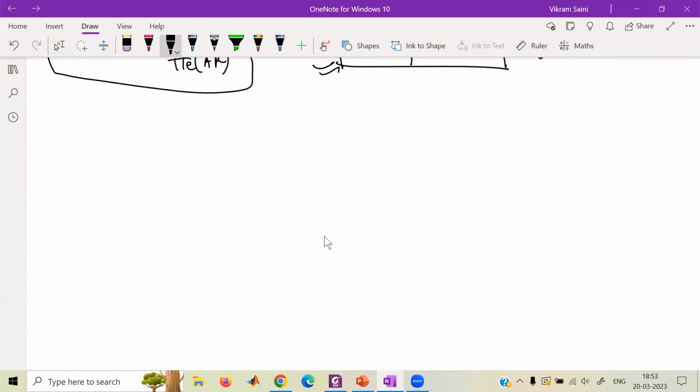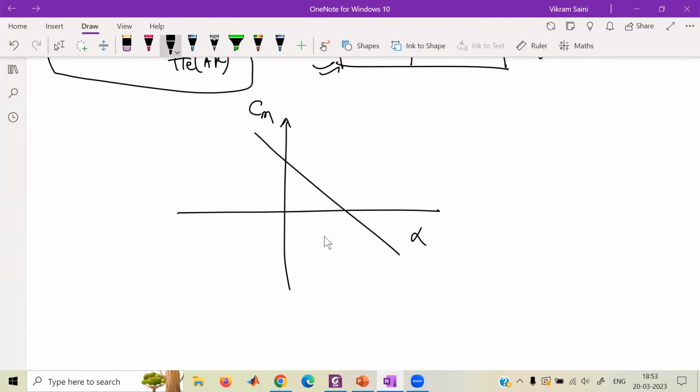So Cm0 and Cm alpha. Okay. So this is Cm, this is alpha. Usually they say it should be like this. So Cm can be written as a straight line.